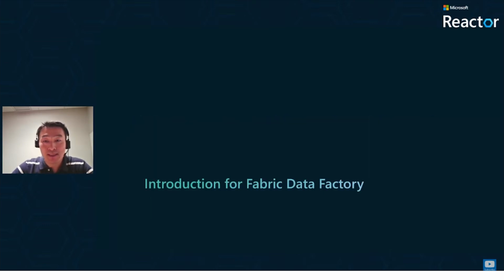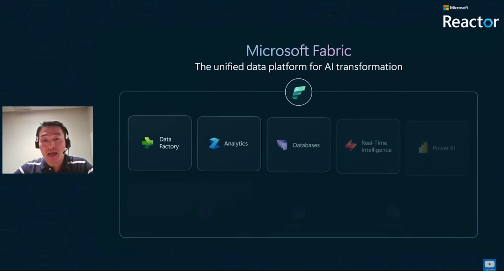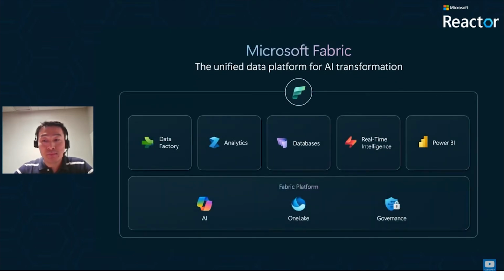Before we dive in, we always start from the context of Microsoft Fabric and Fabric Data Factory. I believe many of you may or may not have already heard about this, but Microsoft Fabric is a SaaS data platform designed for the AI transformation.